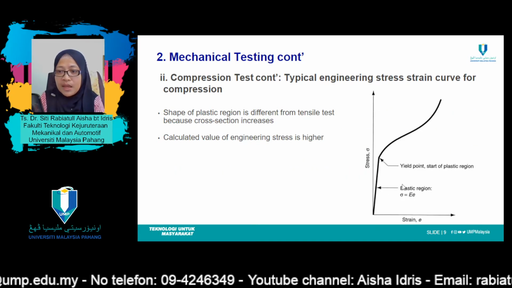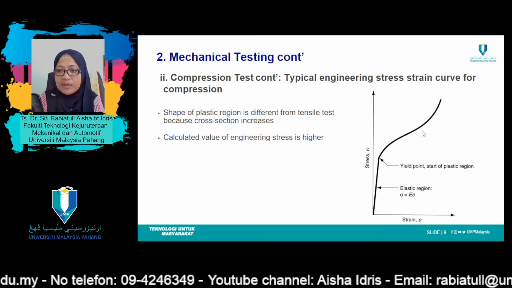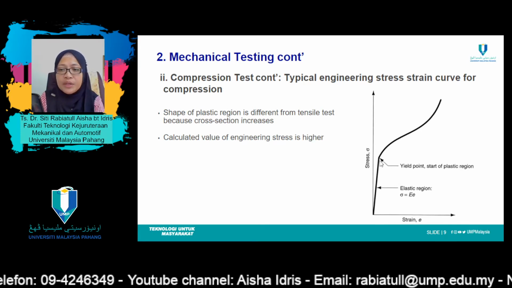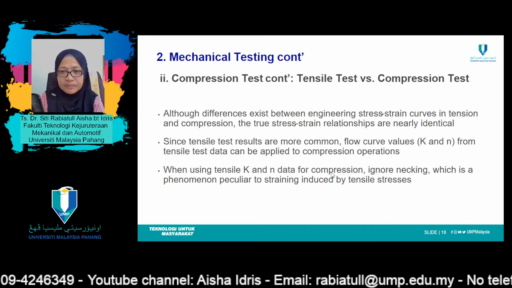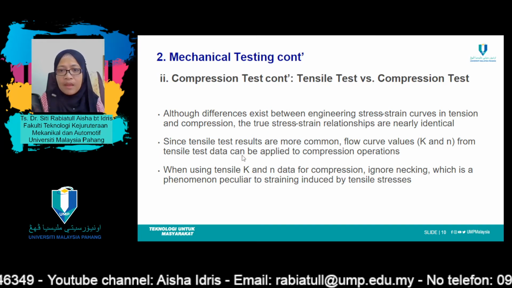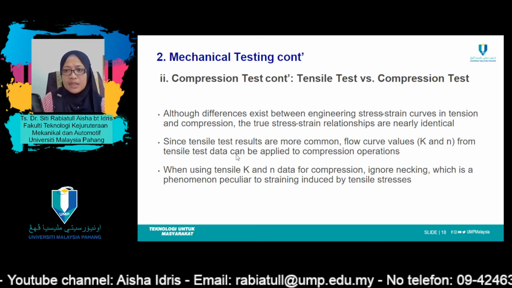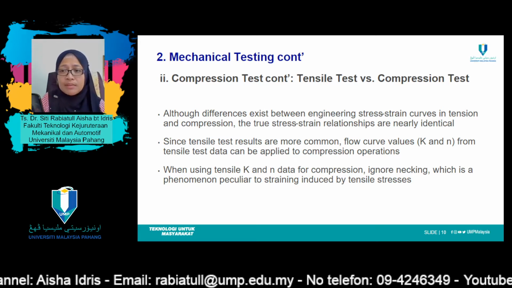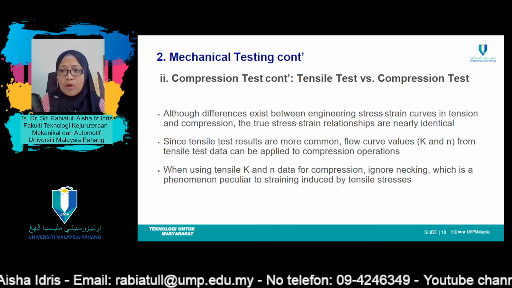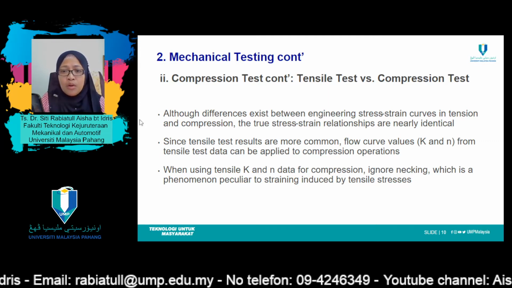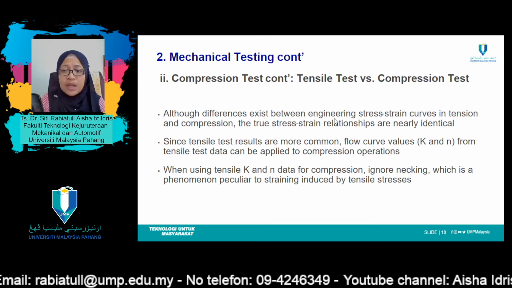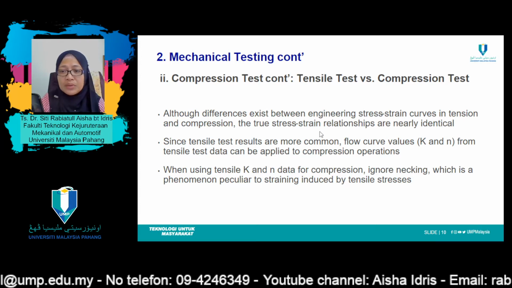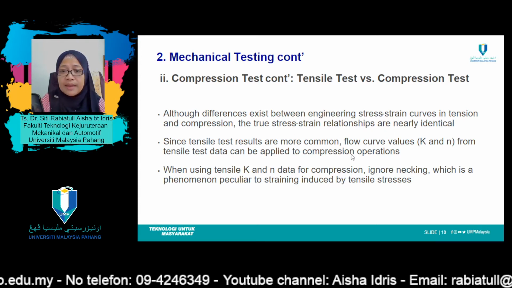If you can see here, this is the elastic region, and after that it continues to become a plastic region after the yield point over here. This is the comparison between tensile and compression tests. Although differences exist between the engineering stress-strain curves in tension and compression, the true stress-strain relationships are nearly identical.